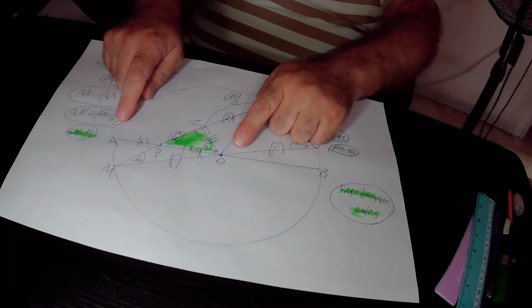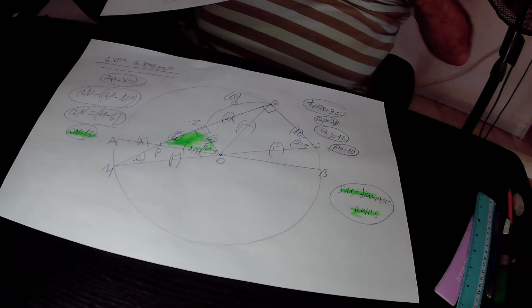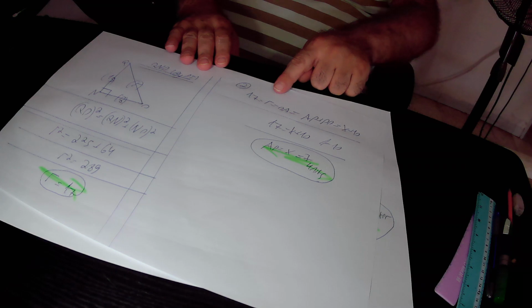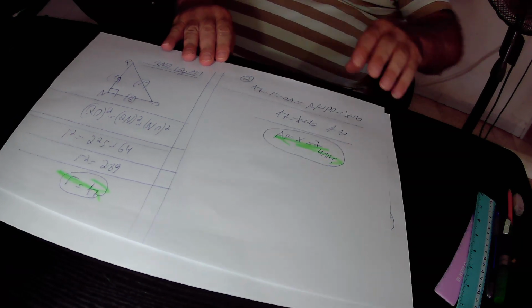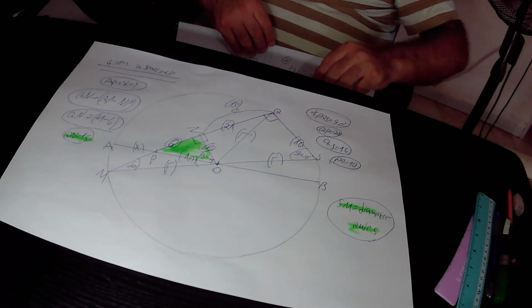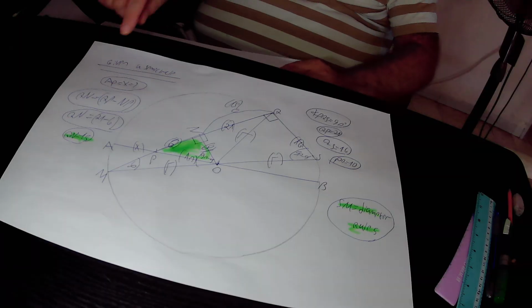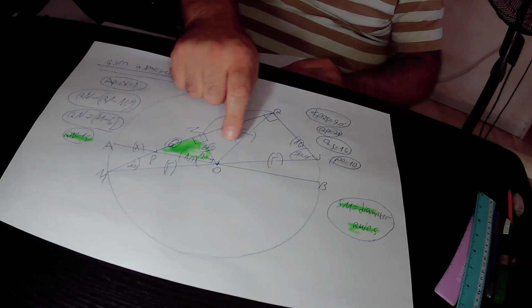OA is also the radius of this circle R, that is equal to 17 units in length. But from the other side, OA or AO also equals AP plus PO.